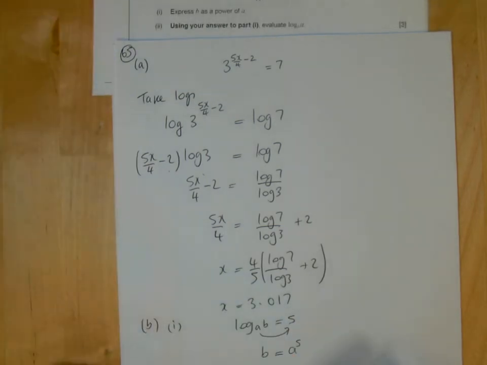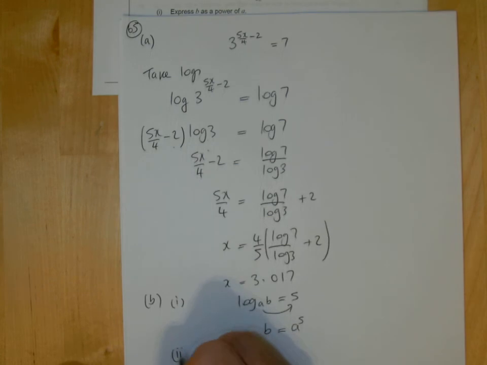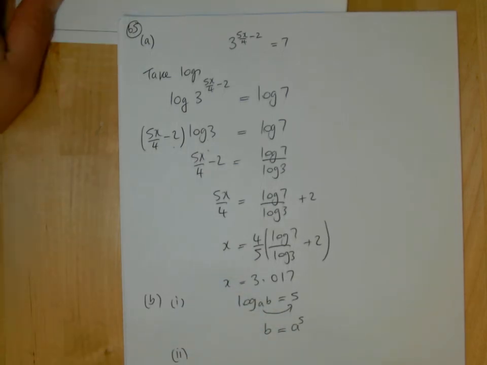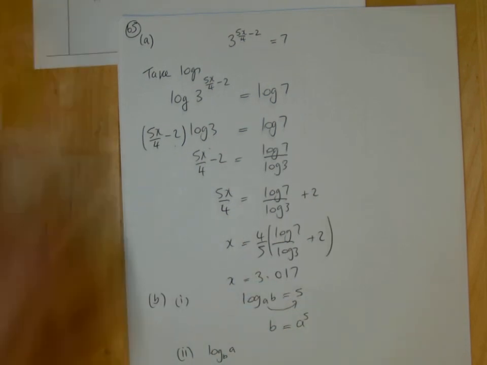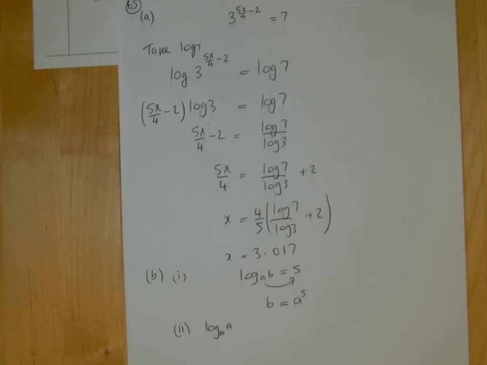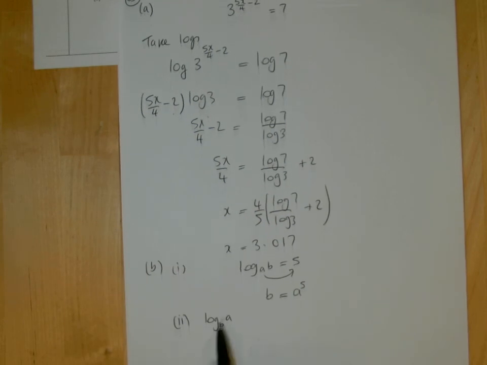Part 2 then, it says, use your answer to part 1 to evaluate log base b of a. Now, notice what we've got here. They've made b the base. So if b is the base, if you think about it, it needs to have a power.